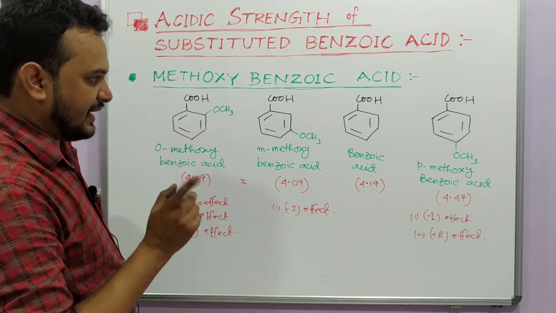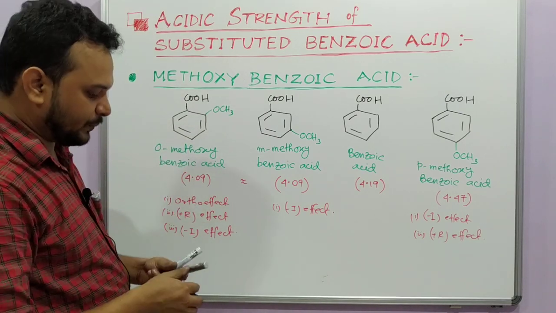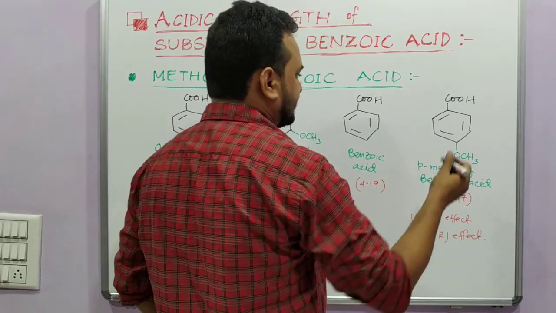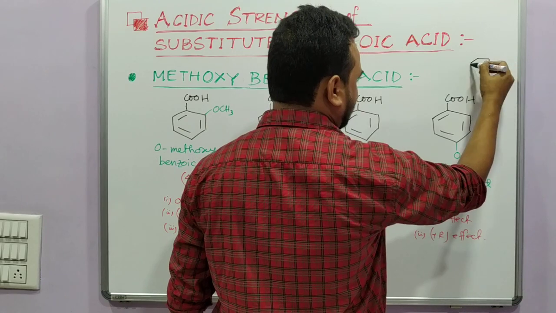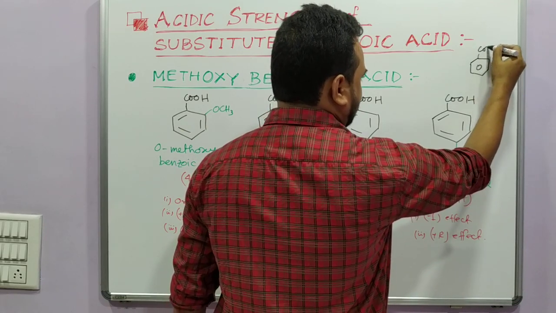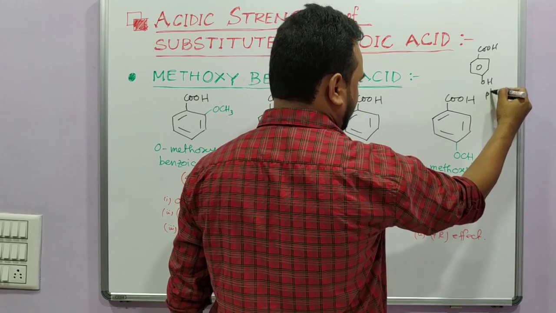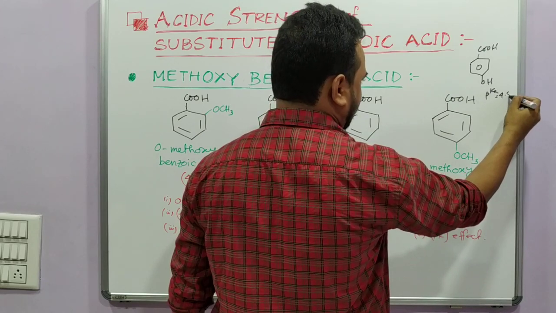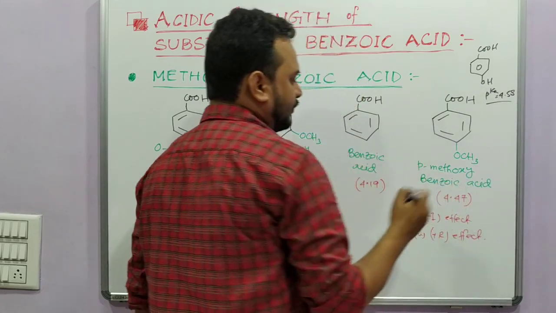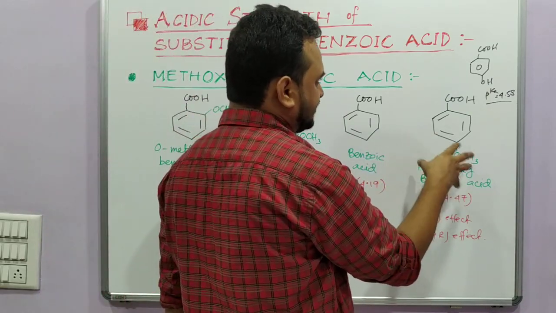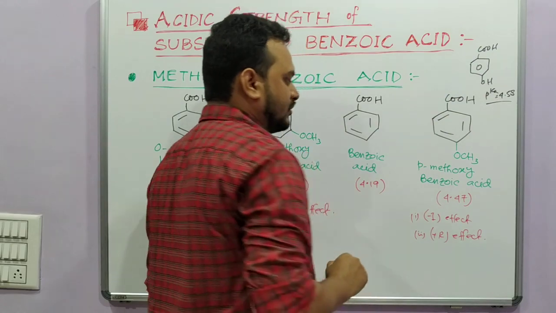Okay, and as I was saying, OH group exerts hyperconjugation. If you see the previous example of para-hydroxybenzoic acid, the pK value was 4.58, and here it is 4.47. That suggests that para-methoxybenzoic acid is more acidic than para-hydroxybenzoic acid.